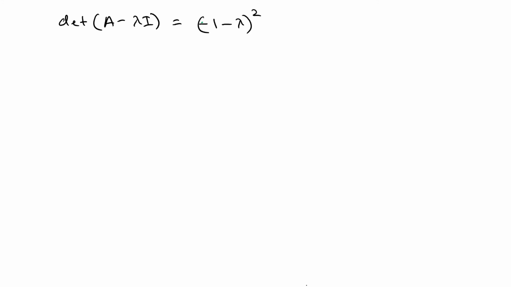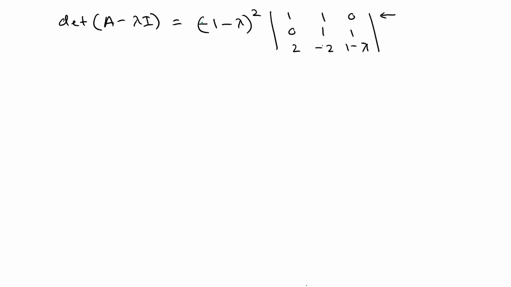There are two terms, and then we have 1, 1, 0; 0, 1, 1; 2, -2, 1 minus lambda. Now we can expand from the first row.